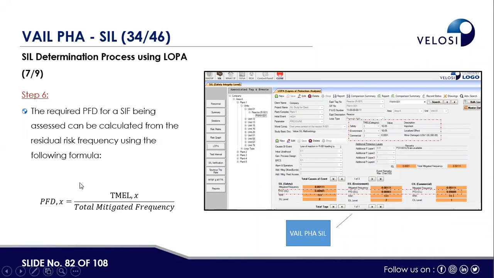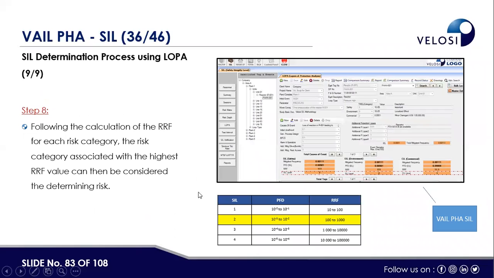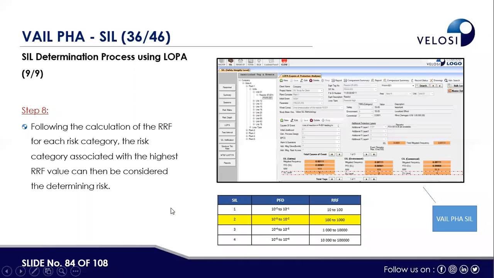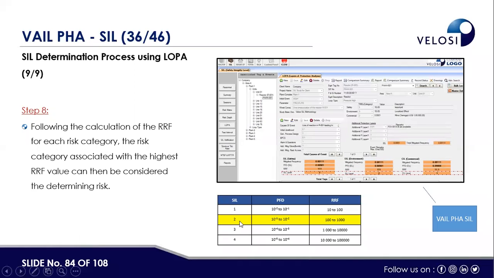Once we calculate the PFD, we can calculate the RRF with this expression. RRF is equal to 1 over PFD. And then from the table which we have shown earlier, we can determine the SIL level. For example, if the RRF is between 100 and 1000, it means that it is SIL 2.